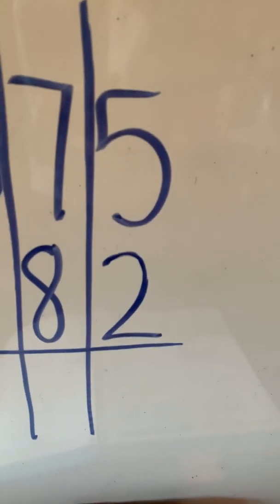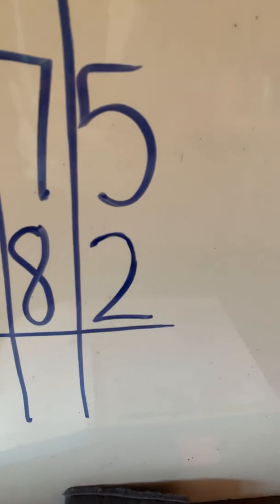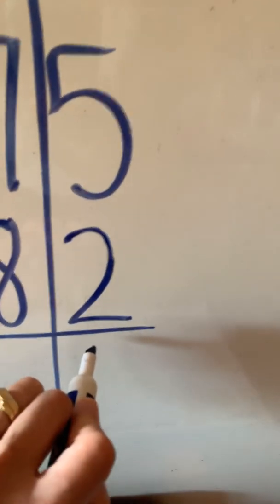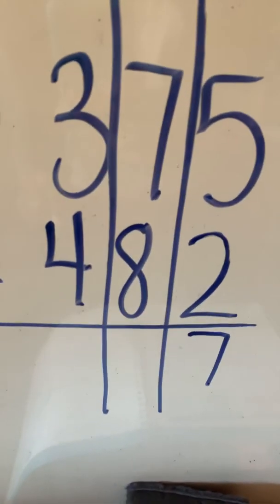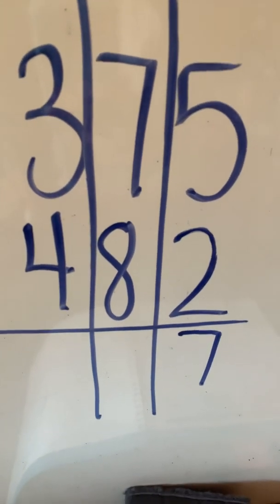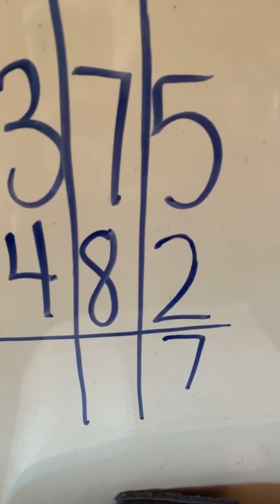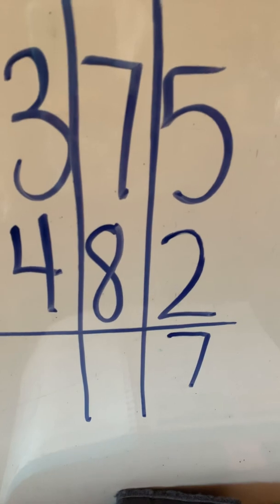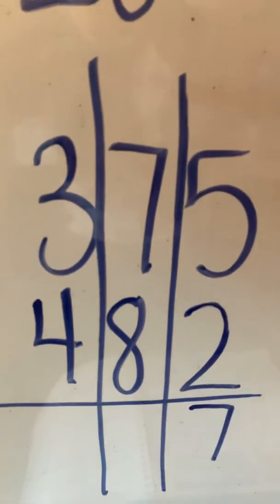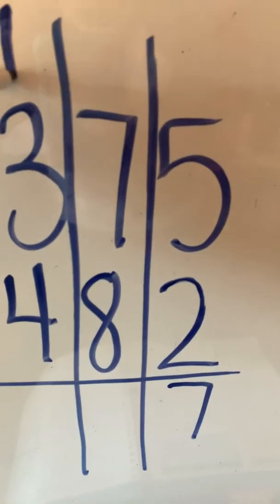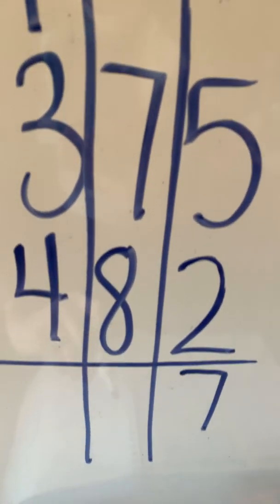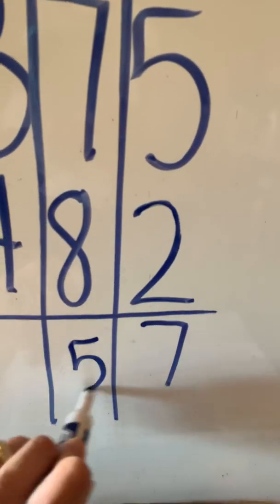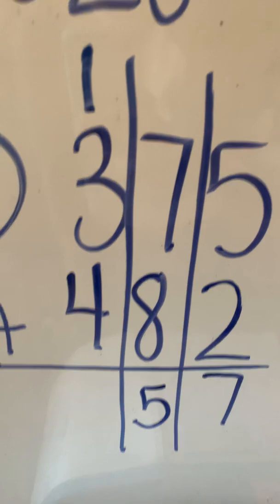We don't even need to make a new 10. 5 plus 2 is, you got it, 7. 7 plus 8 tens. Picture that. 7 tens and 8 tens equals 15 tens. 15 tens, we need to make a new 100. And 5 tens, sorry, 15.